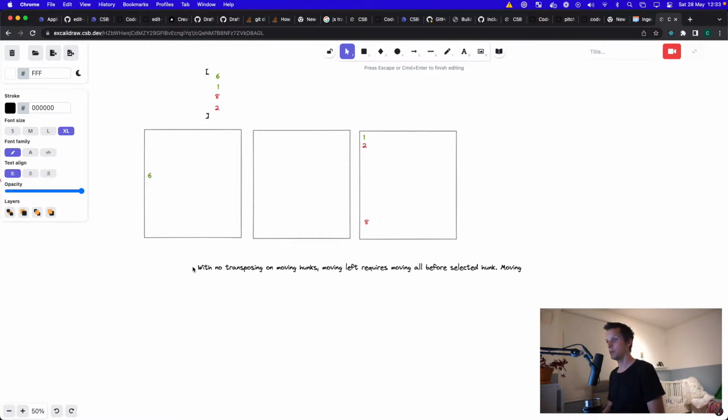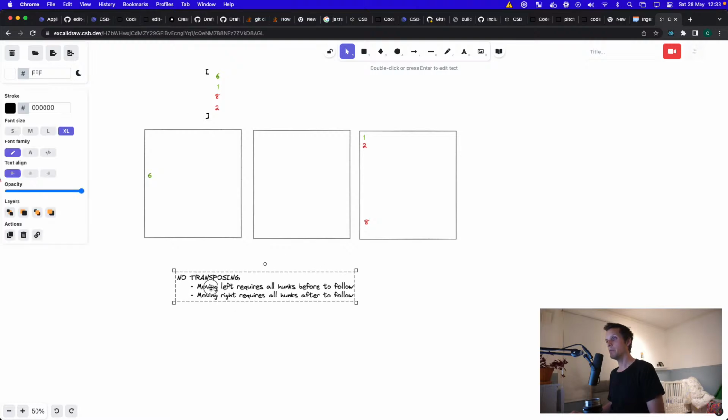No transposing. Moving left requires all hunks before to follow. Moving right requires all hunks after to follow.